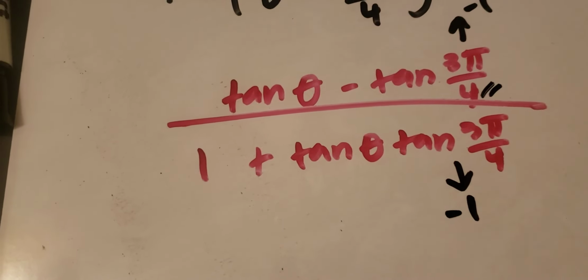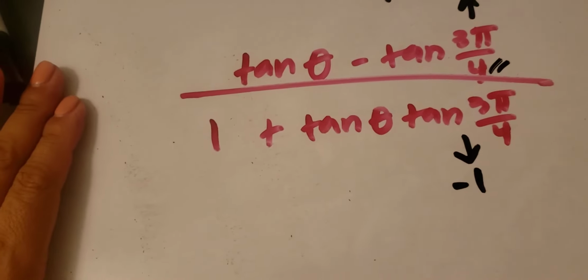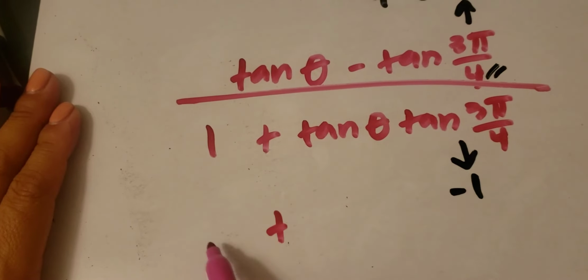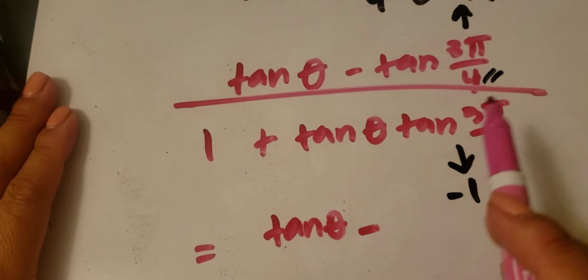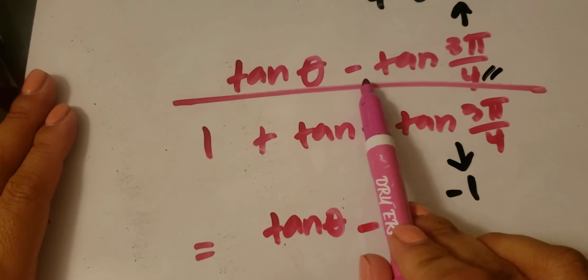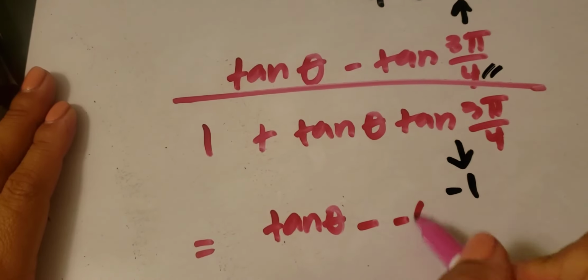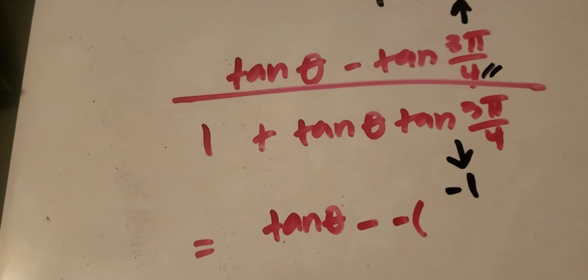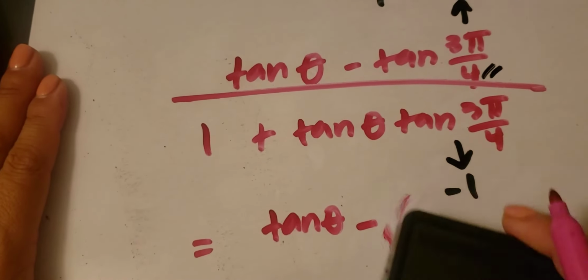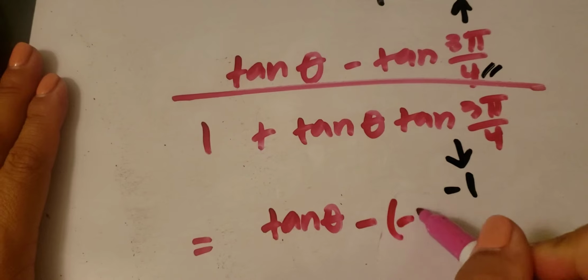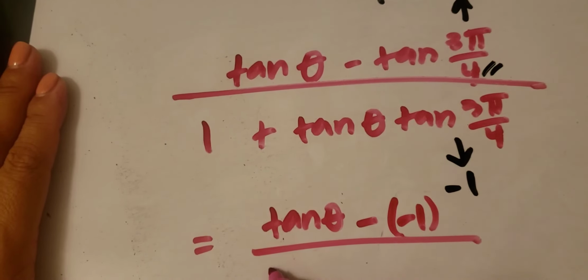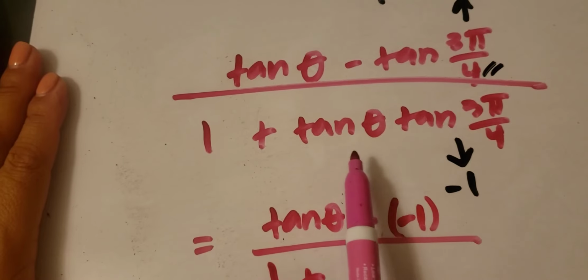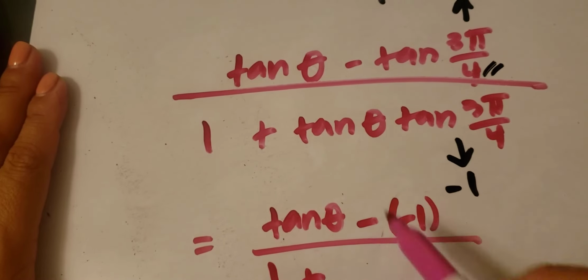So technically, what I'm going to have is tangent of theta minus, there's a minus there, and this is -1. Basically, it'll have a double negative, which we'll simplify in a minute, but I'm just going to write it out. And then 1 plus tangent of theta times -1.